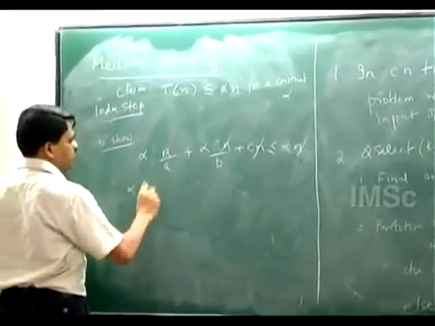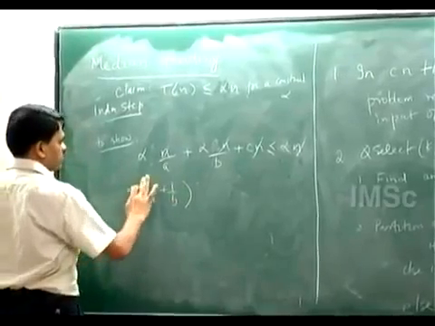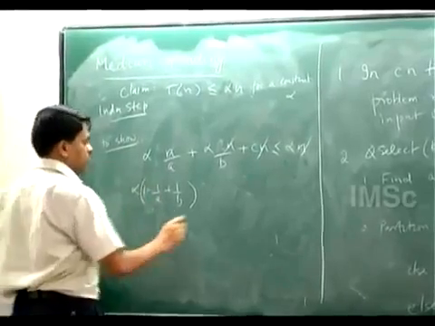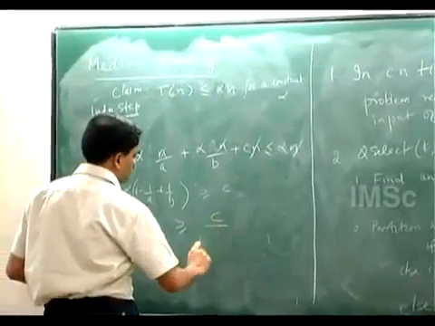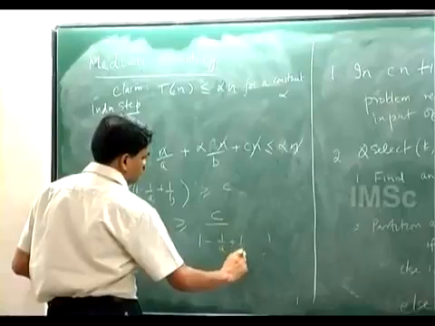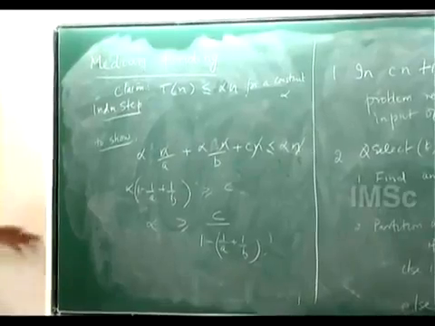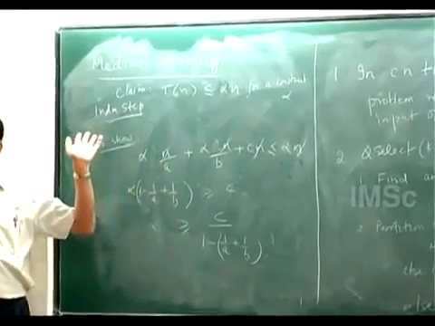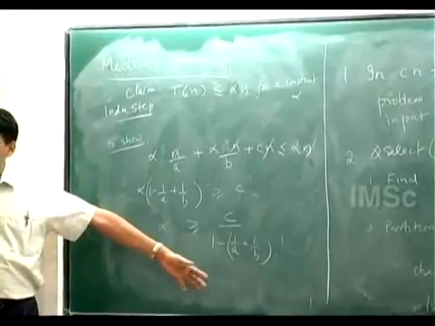I want alpha times (1 by a plus 1 by b) plus C to be at most alpha, or rather I choose alpha to be greater than or equal to C over (1 minus 1 by a minus 1 by b), where C is the running time, whatever time I spend on this step. So if I choose alpha to be greater than or equal to this, then that will satisfy this inequality. That's all I need. And you can see why I want 1 by a plus 1 by b to be strictly less than 1.